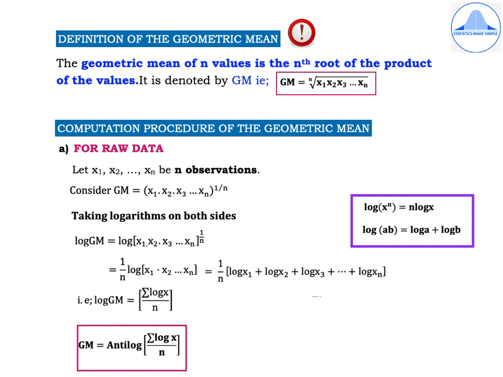Now the numerator can be written in terms of summation. So doing that, I get the next step as log GM is equal to summation log x divided by n.